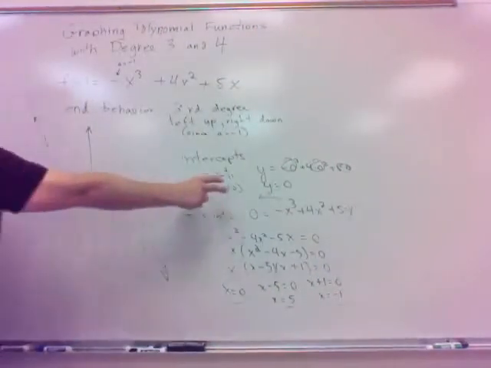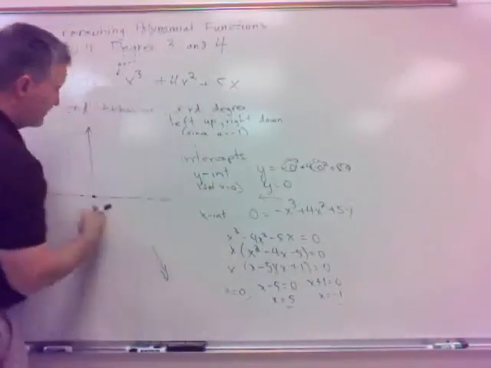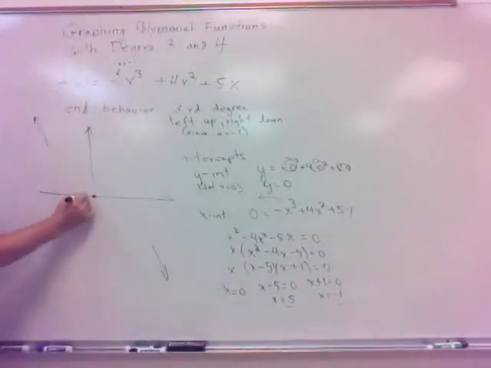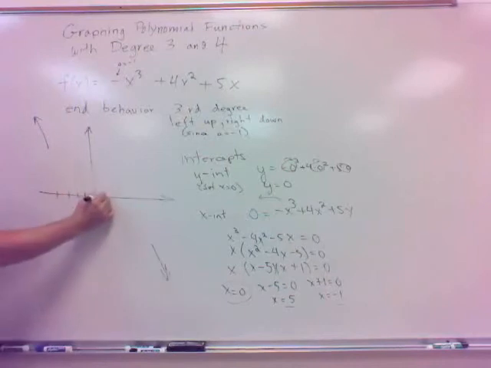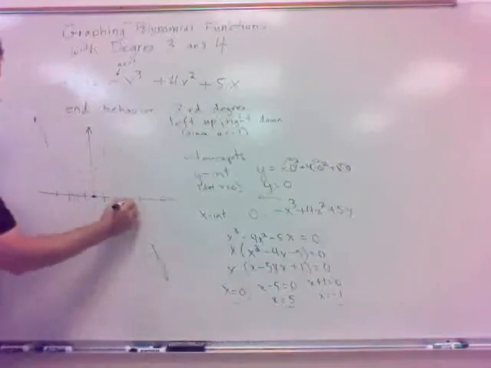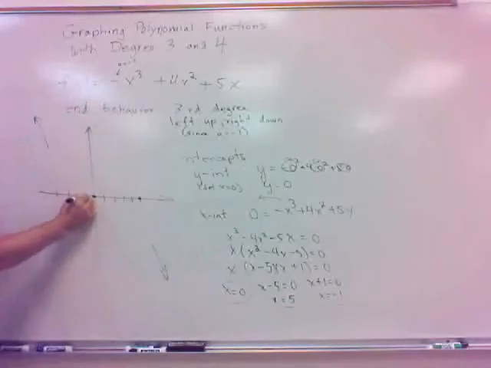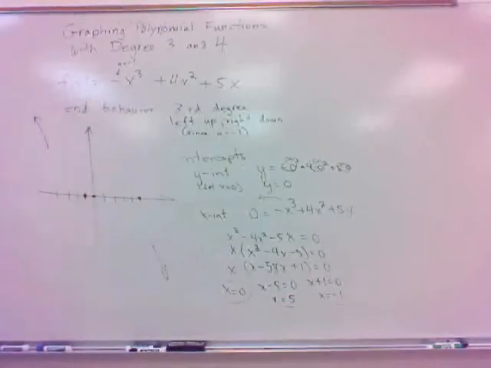So putting those on the graph here, we've got y-intercept of 0, x-intercept of 0. Of course, that's the same point. X-intercept of 5, which I put right there, and then an x-intercept of negative 1, which is going to go right about there.